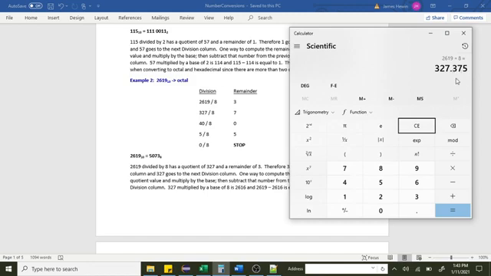It's clearly not a remainder of 0, but it may not be completely apparent what the right answer is. So the easy thing to do is to take the 327 and multiply by 8. That gives me 2616. 2616 and 2619 is a difference of 3, so my remainder is 3.